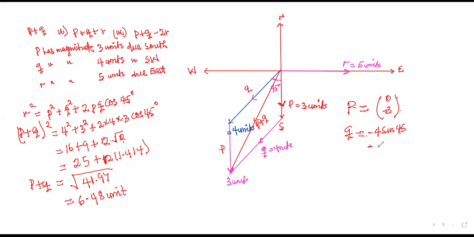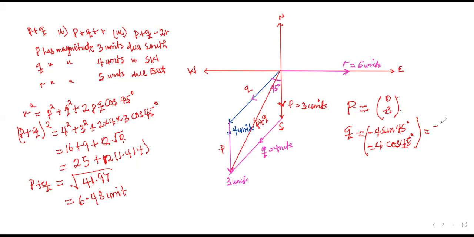So 4 sine 45, 4 cos 45, which are all negatives. And sine 45 is root 2 on 2.